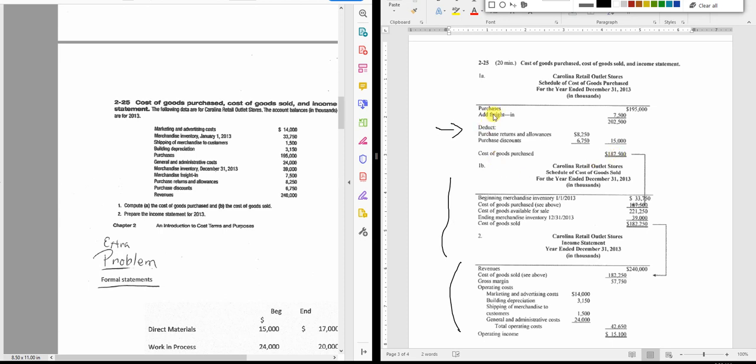So basically in accounting, every cost to get the asset ready for its intended use is added to the cost of the asset. So for example, if I buy inventory and it costs me shipping to get it here, I add it to the cost of the inventory.